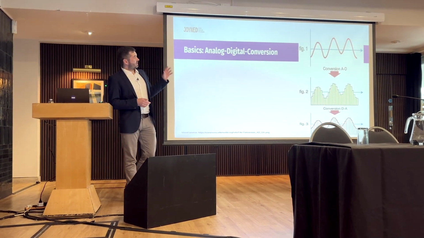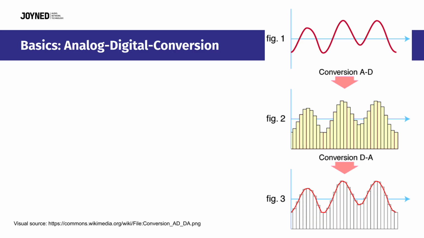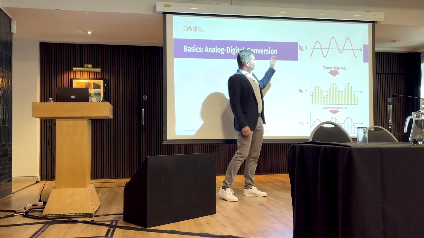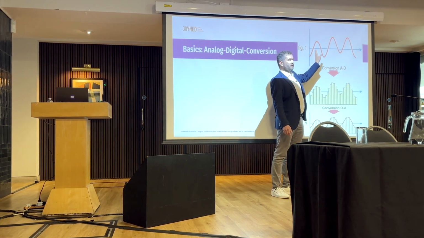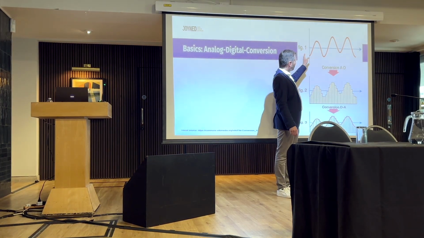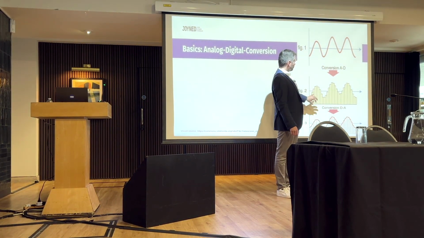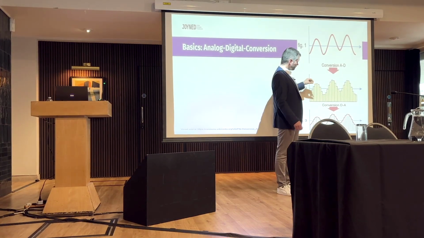We start with the very basics. It starts with analog-digital conversion. So we need to understand that when we have an analog continuous signal, we look at this in certain time intervals. Then we get a quantized signal.